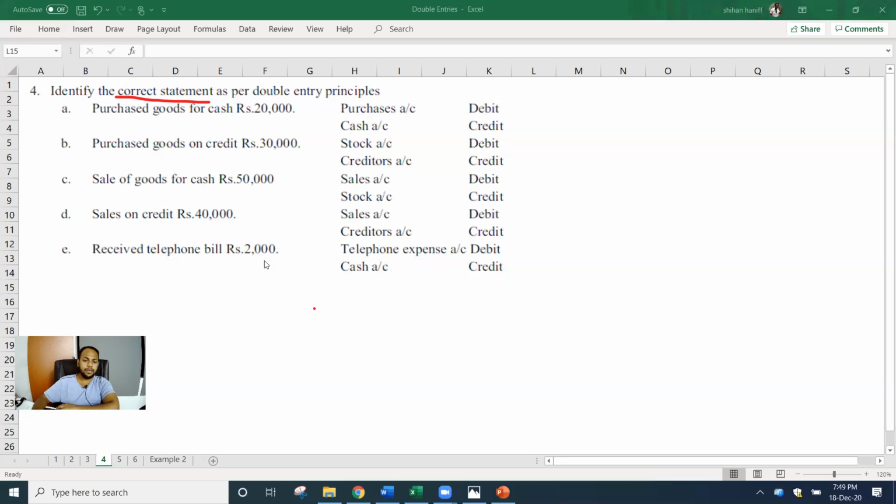A, B, C, D, E. Purchase goods for cash: purchases account debit, cash account credit.